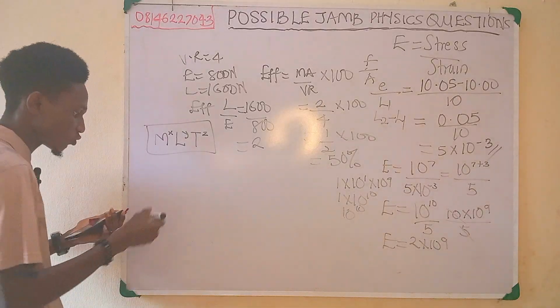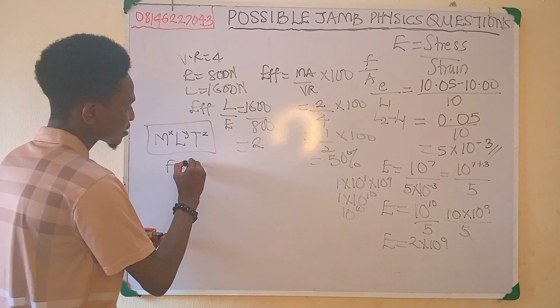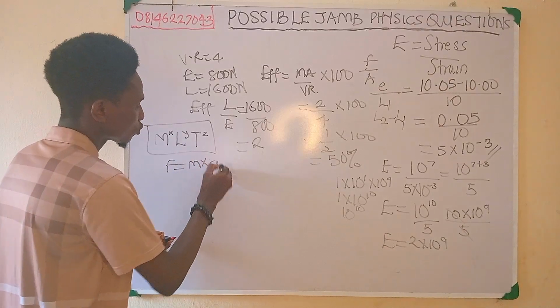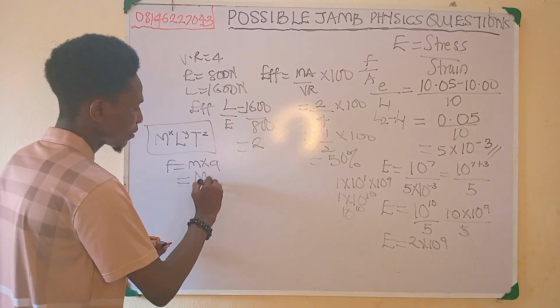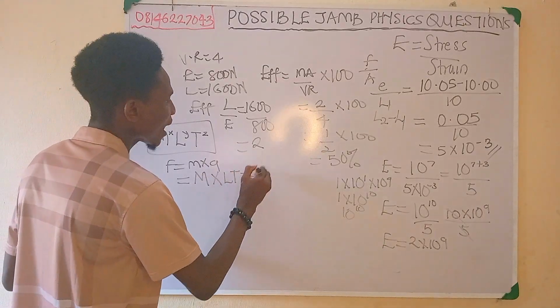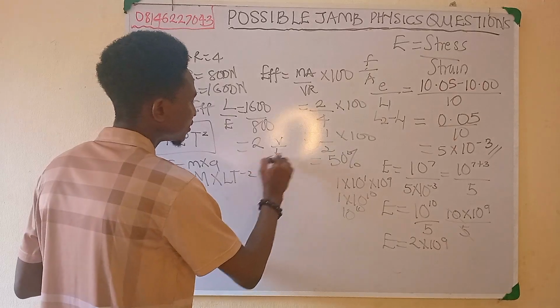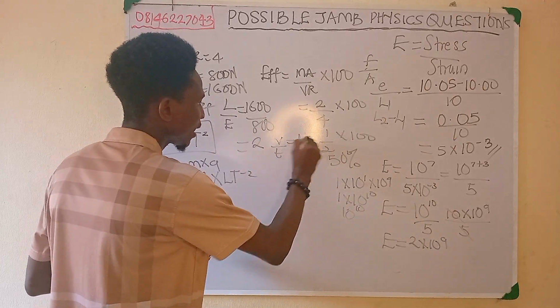Now, what is force? Force is mass times acceleration. The dimension for mass is M. The dimension for acceleration is LT minus 2. Why? Because acceleration is velocity over time, and velocity is displacement over time.